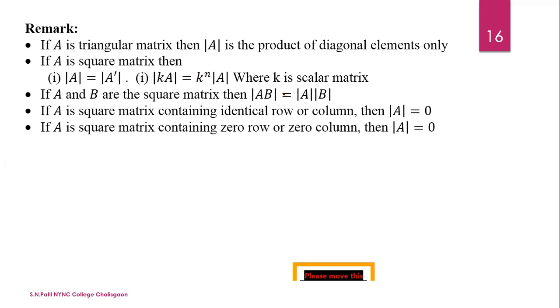Now determinant of A into B is the same as determinant of A into determinant of B. If A is a square matrix containing identical rows or columns, if there are at least 2 rows or 2 columns the same, then the determinant is 0, okay. Similarly, if there is a 0 row or 0 column, then the determinant is 0.